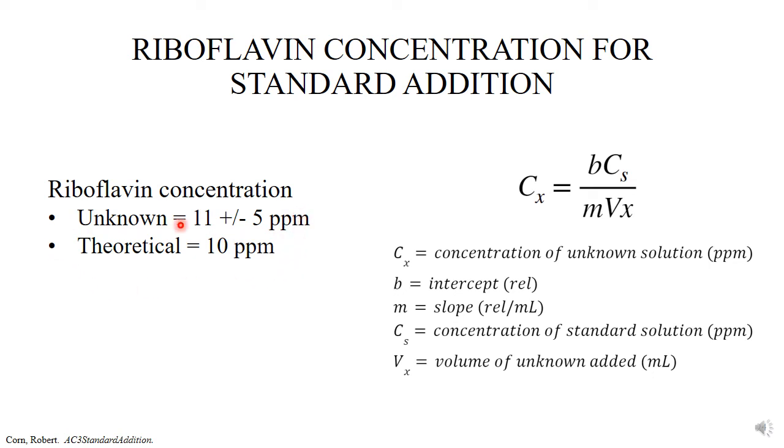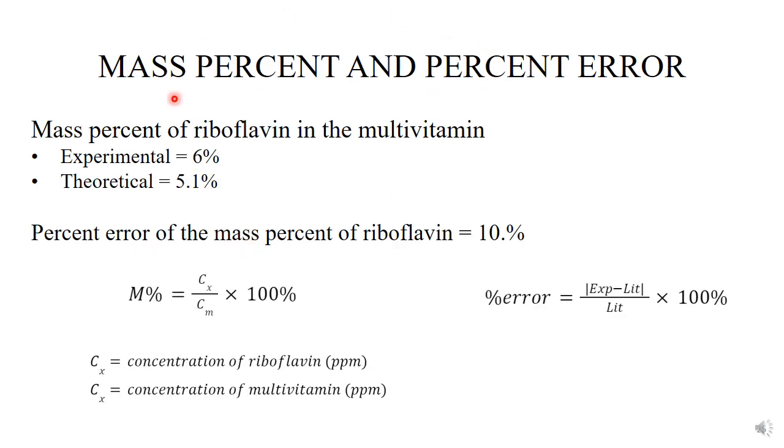The theoretical riboflavin concentration was 10 parts per million. The mass percent and percent error of the riboflavin was calculated using the same equations as the ones used for the standard solutions. The mass percent of riboflavin in the multivitamin was 6% for the experimental value and 5.1% for the theoretical value. The percent error of the mass percent of riboflavin in the multivitamin was 10%.